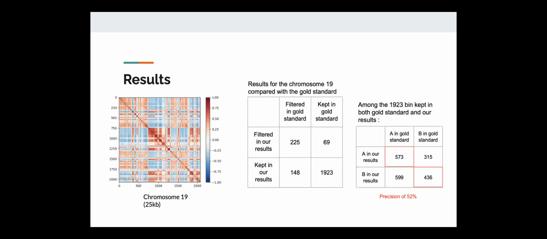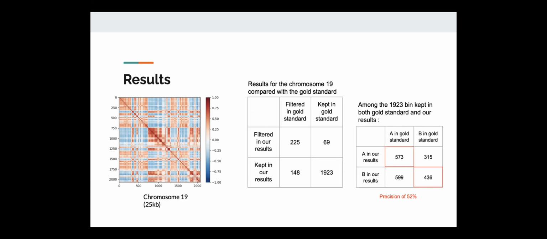Here are some preliminary results that we got for chromosome 19 at 25 kb. On the left, we have the correlation matrix, and we tried to compare it to the gold standard.